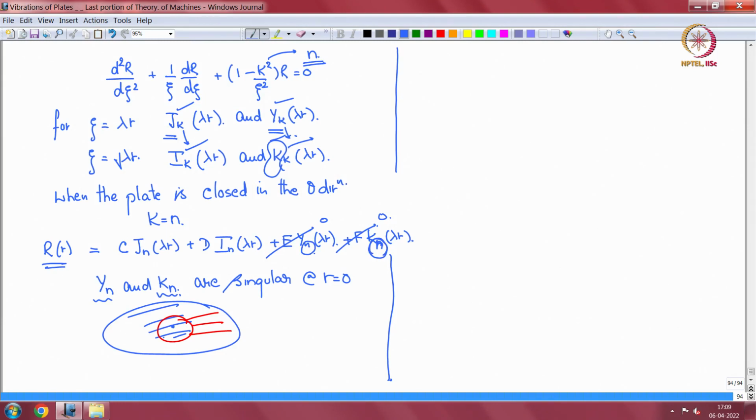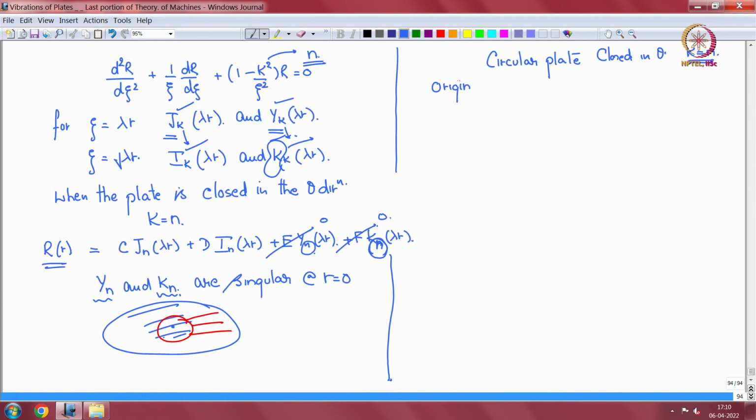Okay, so therefore we will now look at a case where we have a circular plate. It is closed in the theta direction, which means k must be an integer n, and the origin is included.